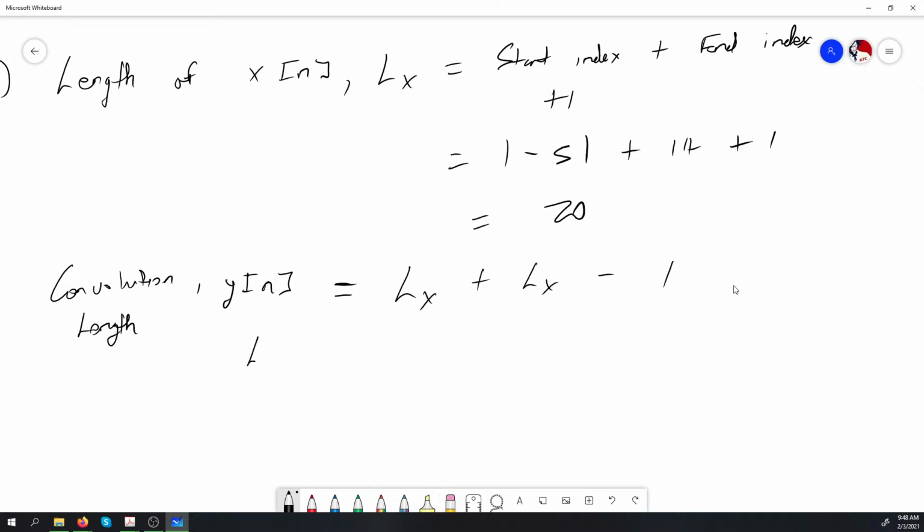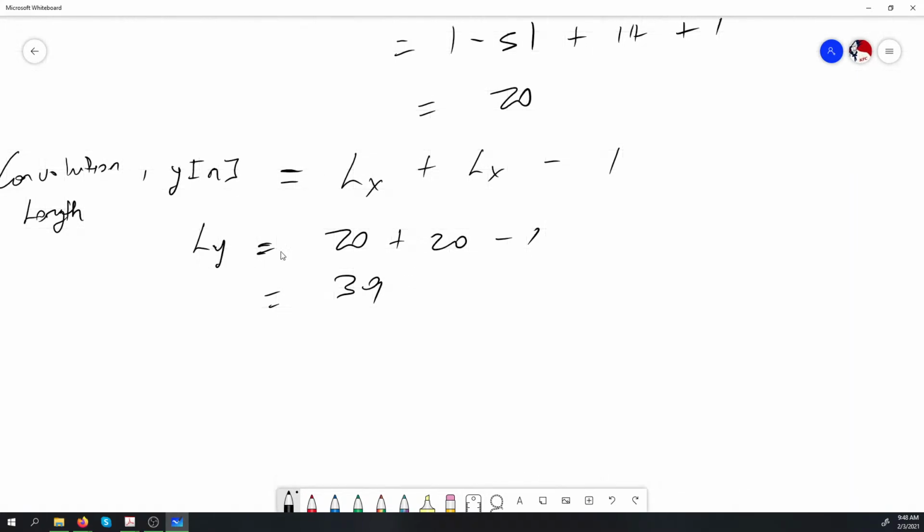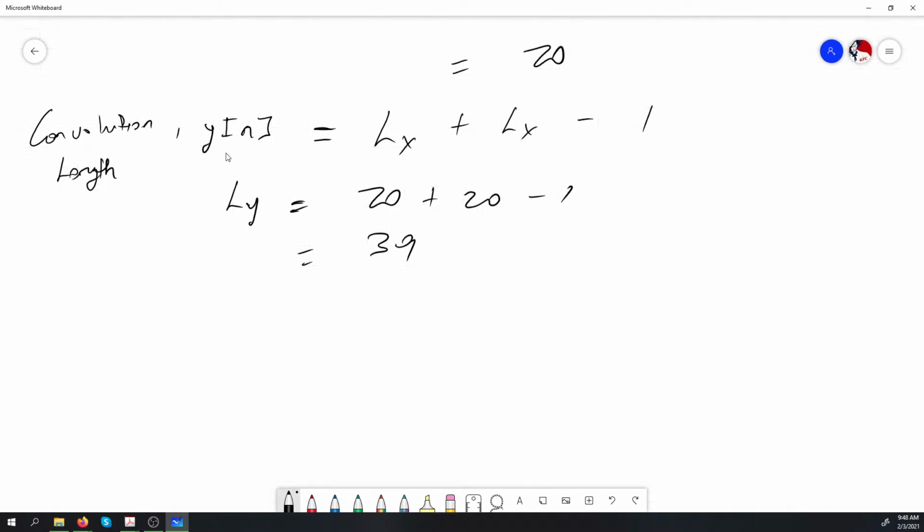So we're going to rewrite this as L of y. That's going to be 20 plus 20 minus 1, which means that's going to be 39 values for L of y, being y of n.